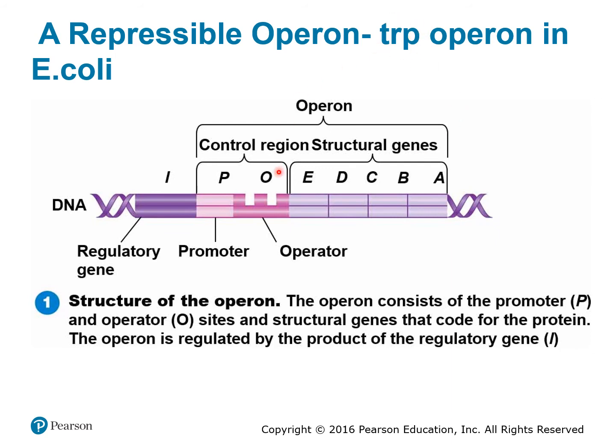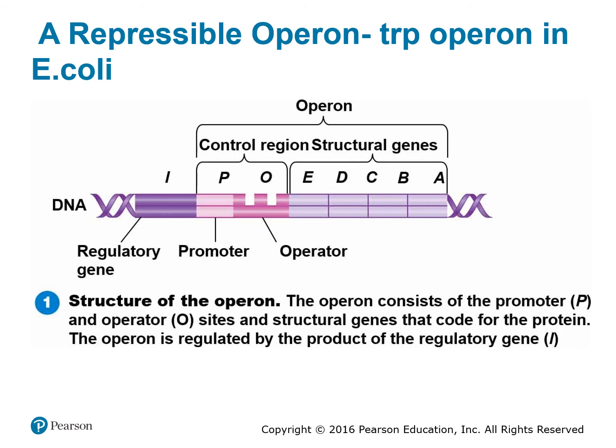So this is an operon that has genes that are responsible for encoding a protein that's going to be needed in making the tryptophan amino acids. So as we said, an operon is going to have a promoter, the operator, and then those structural genes. And then we have the regulatory gene right here in front of the promoter.